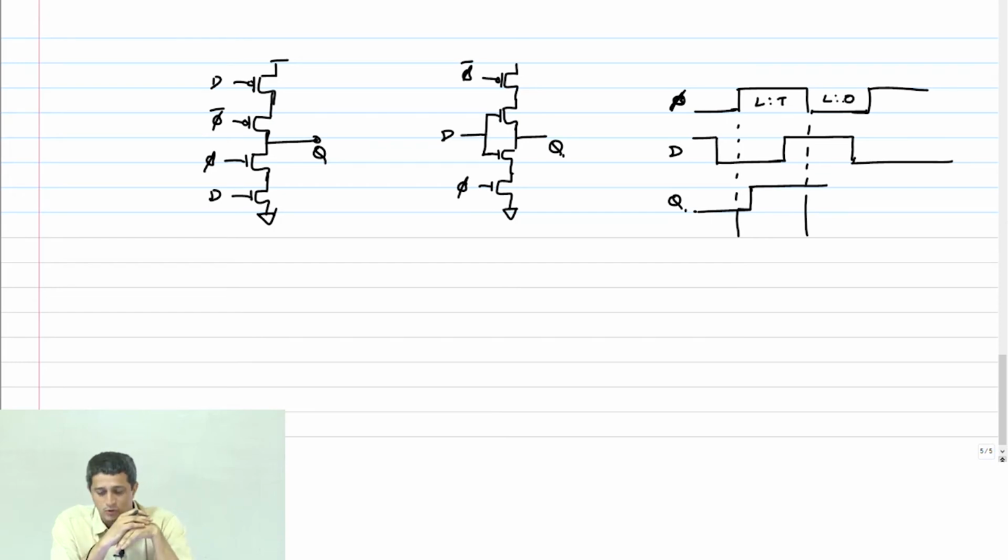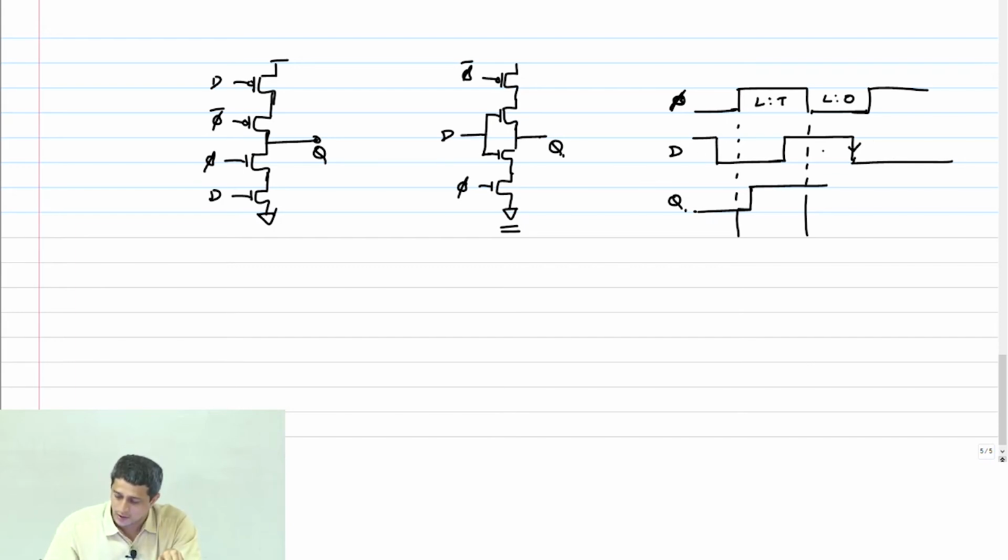When the latch becomes opaque, any change in D should not reflect in the change in Q, correct? But now, in this configuration, let us say that Q was 1 and my D now went to 0. I'm looking at this transition here.